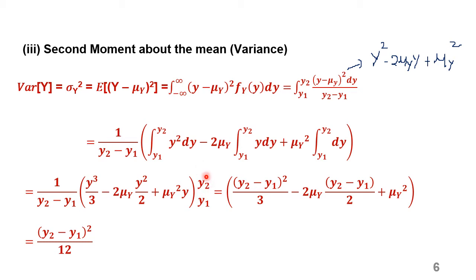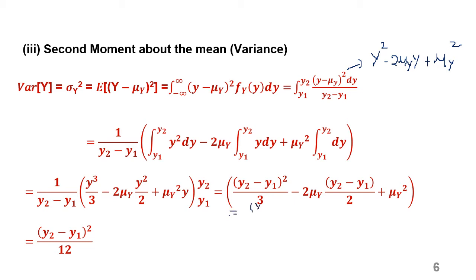When we substitute this, we get y2 minus y1 square by 3 minus 2 mu y times y2 minus y1 by 2 plus mu y whole square. So on further simplification, we can substitute the value of mu.